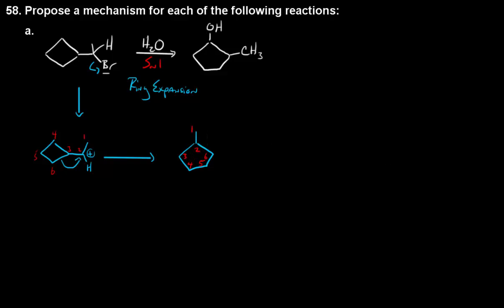If it's 0, then the overall charge should be positive. So right now we know that we have carbon 1, and we know that we still have another hydrogen, so right here. So that positive charge is no longer on 2, it's somewhere else.